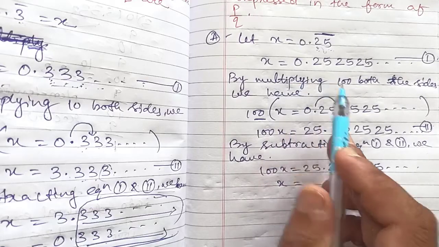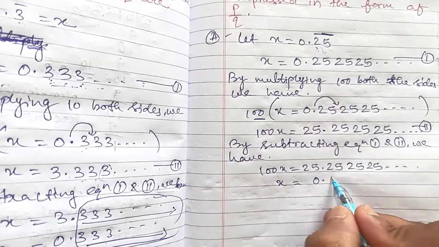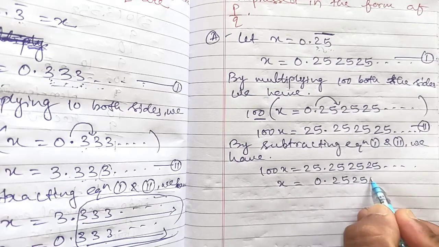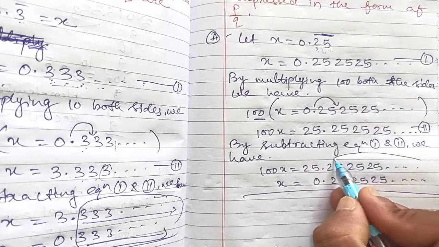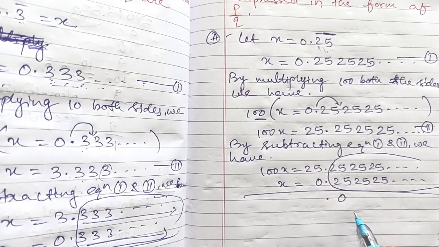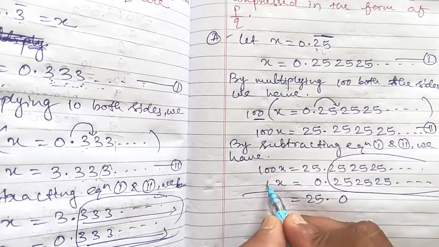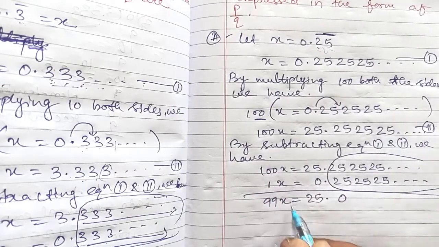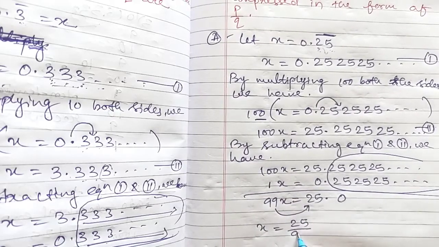Equation 1 is x equals 0 point, decimals you arrange properly, 25, 25 and 25 dotted. This will become 0, because all the 25s will be subtracted. 25 minus 0 is 25. 100 minus 1 is 99x. Divide by 99, x equals 25 by 99.